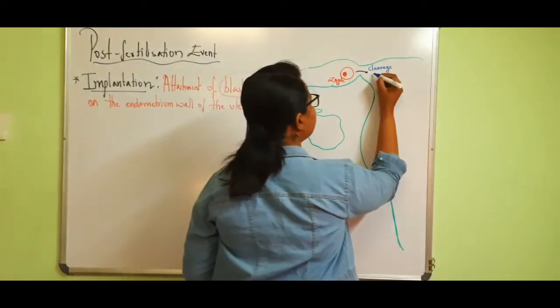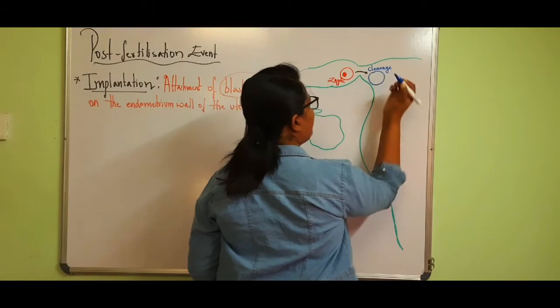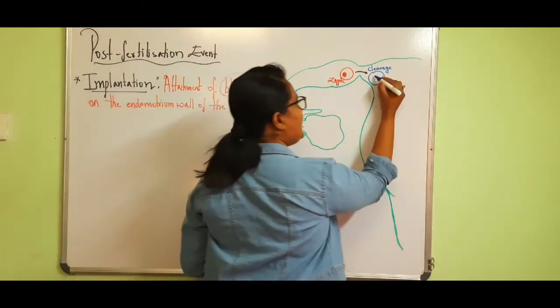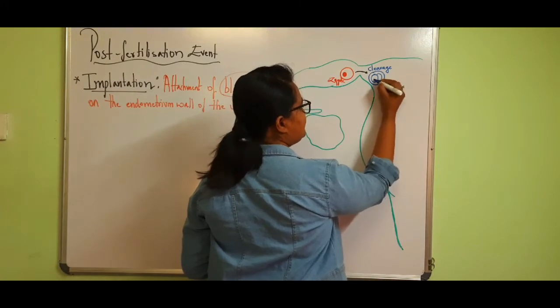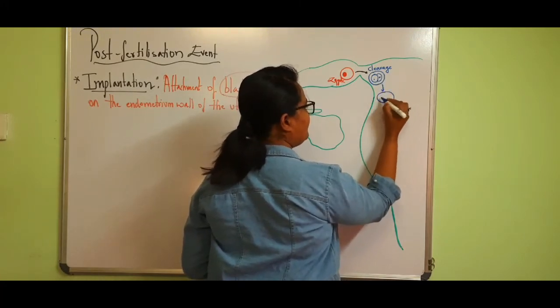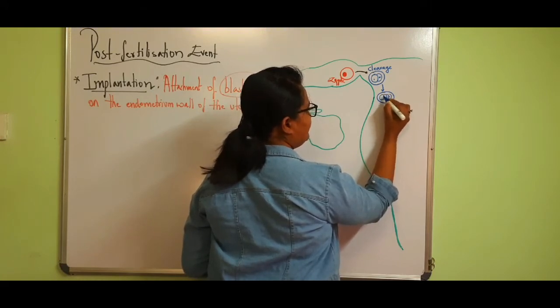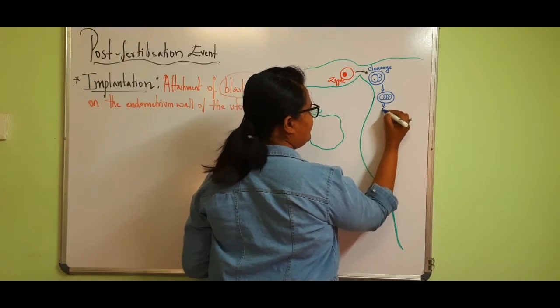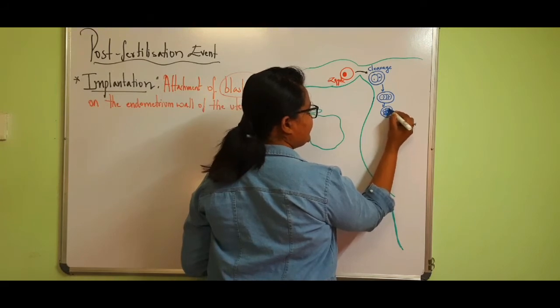So what happens? This zygote undergoes division, that is cleavage, and they form a two-celled stage. Again they divide, they form a four-celled stage. Four to 8, and in the same way they divide and form 16.